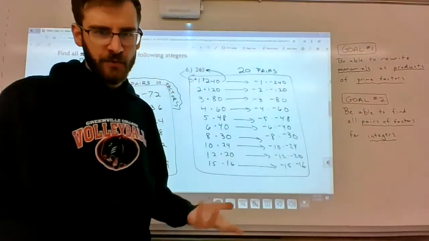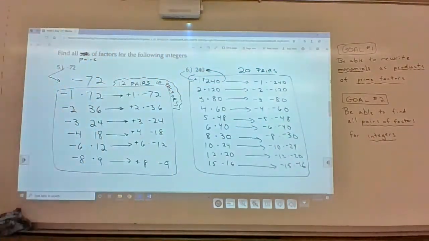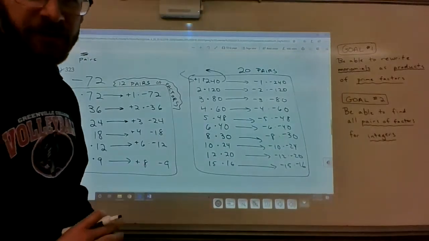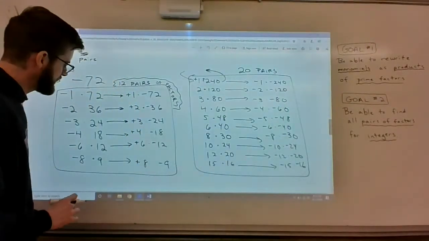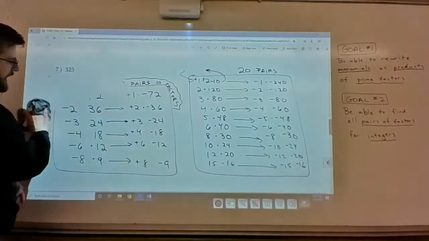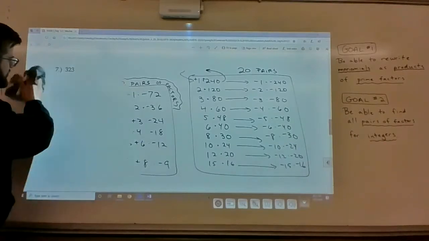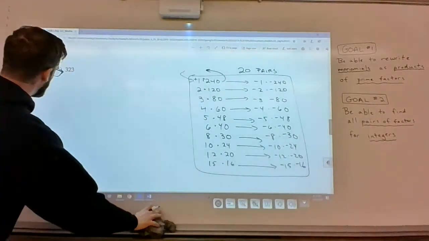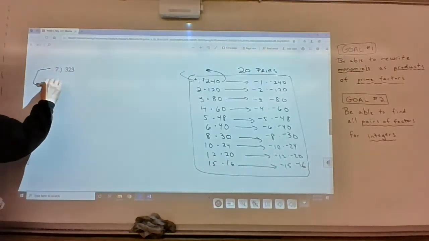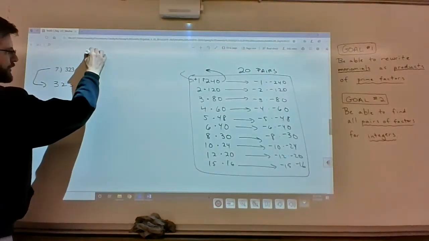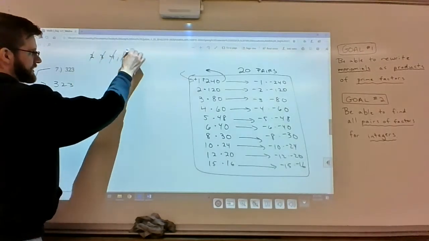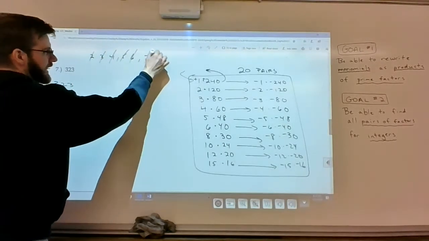And we'll move on to the last one, number 7. So 323 is kind of a tricky number. It's not even, so we can't start out with the even numbers. And you'll quickly find that with 323, 2 doesn't work, 3 doesn't work, 4 doesn't work, 5 doesn't work, 6 doesn't work, 7 doesn't work, 8 doesn't work.